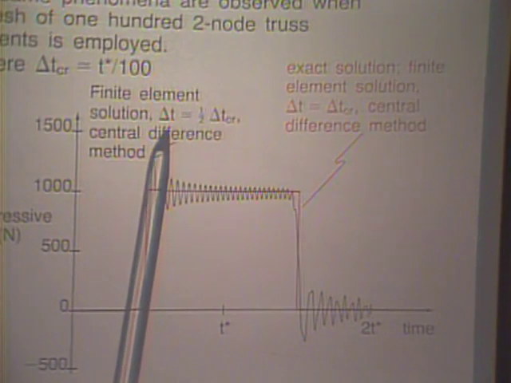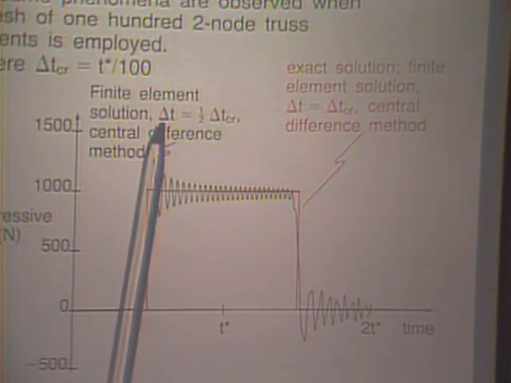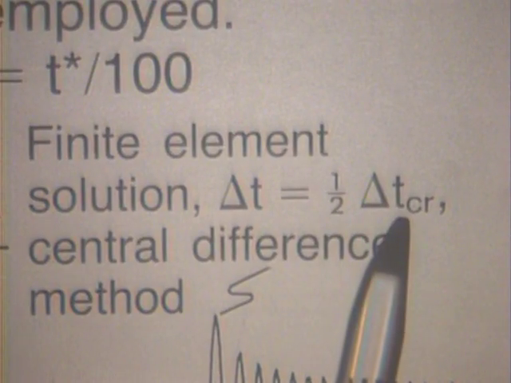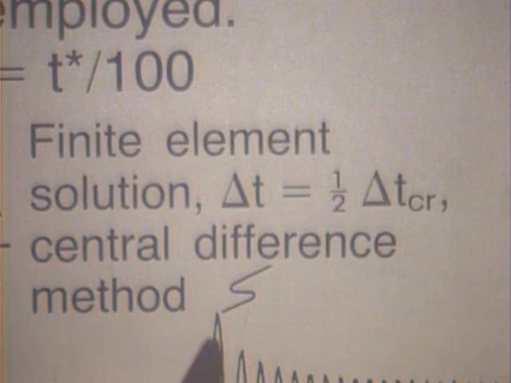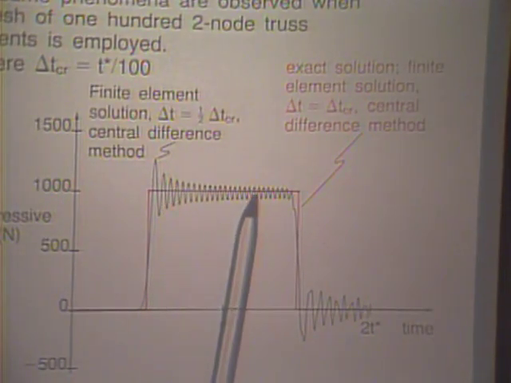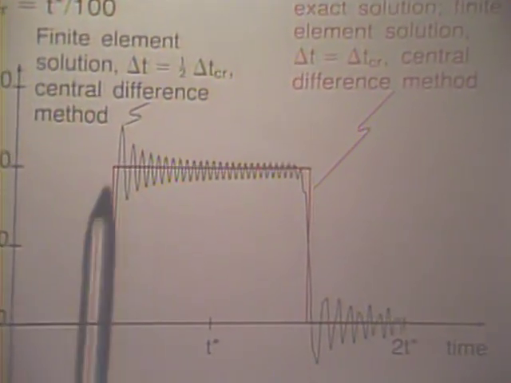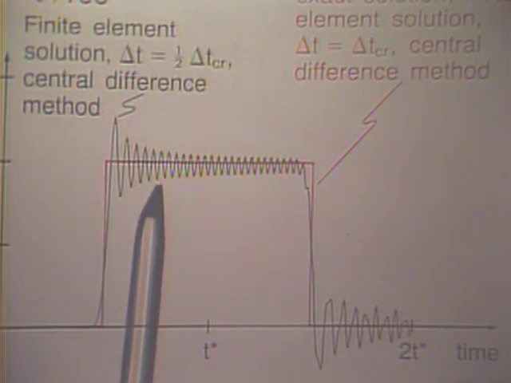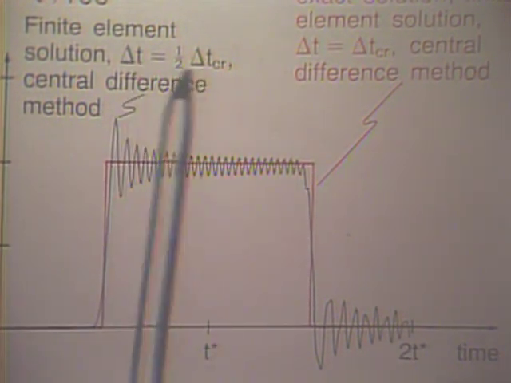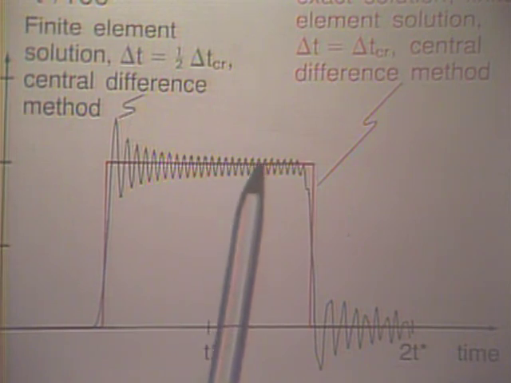If you then use a smaller time step, in fact delta t equals 1/2 delta t critical was used here, we obtain a solution that is not the exact solution, but as you can see here, it oscillates for this time step, this amount, about the exact solution.